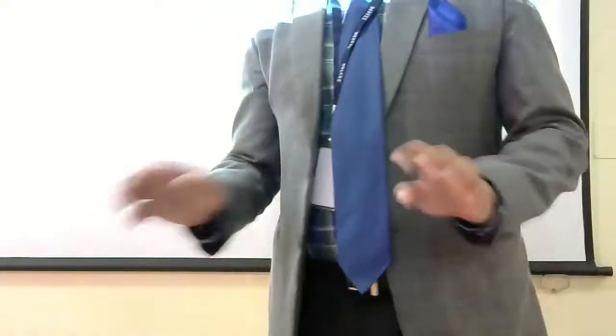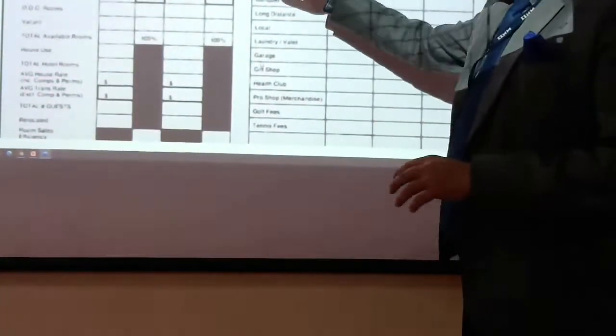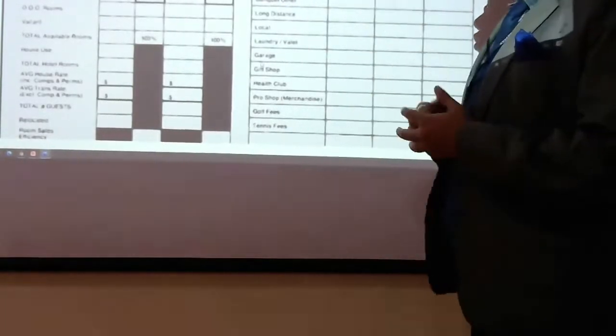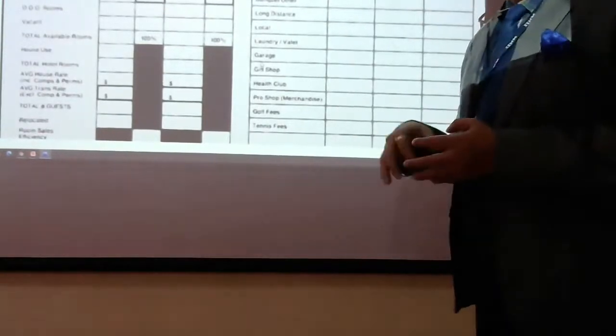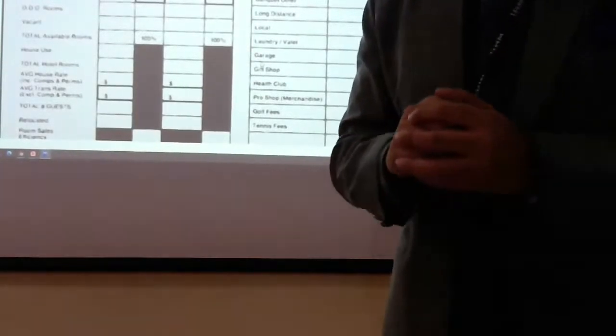So there are few terms which you remember: month to date, year to date. So net room revenue, this is net room revenue. We are talking about today's revenue, month to date revenue, and year to date revenue. Now here it is written budget till month end.